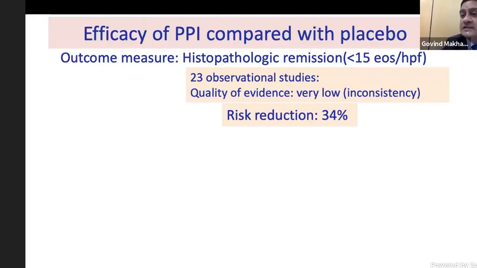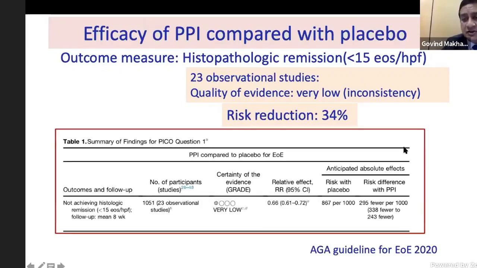Now, coming to the evidence for each of these therapies. I would urge you to go over the article published in Gastroenterology last year, the AGA guidelines for eosinophilic esophagitis in 2020. It's a wonderful article to go through, and it will teach us multiple things about how the evidence for a particular therapy is graded, accumulated, and analyzed.